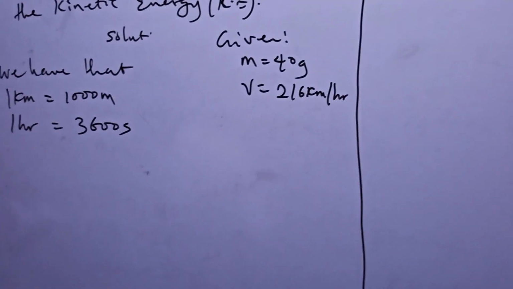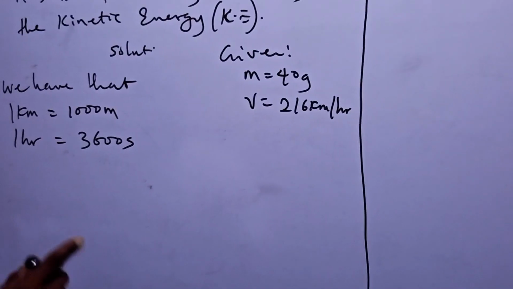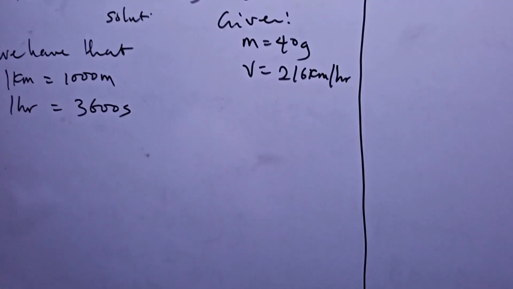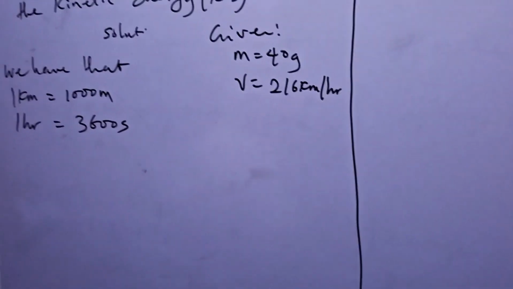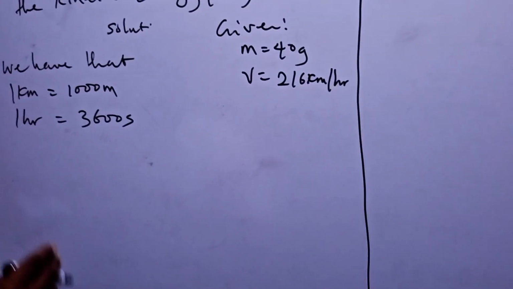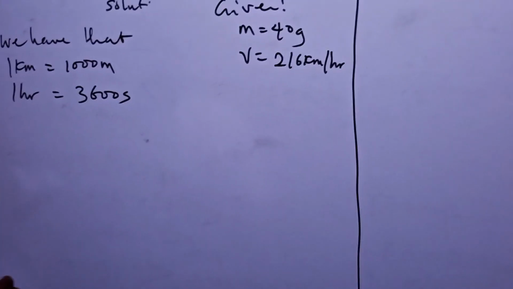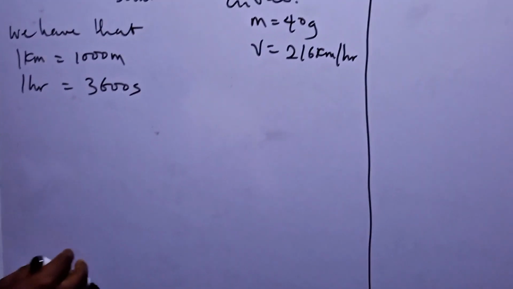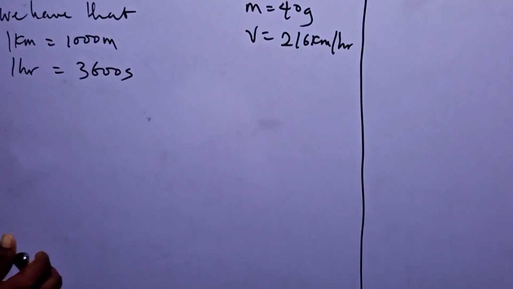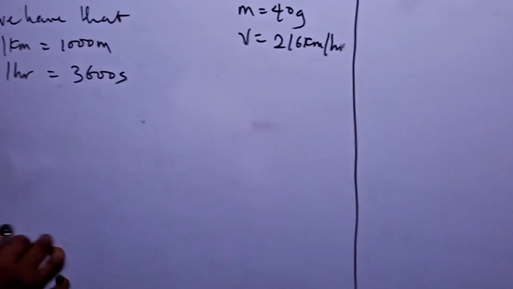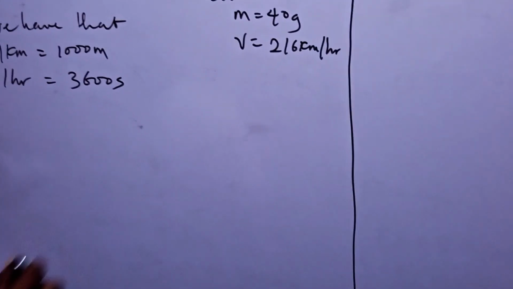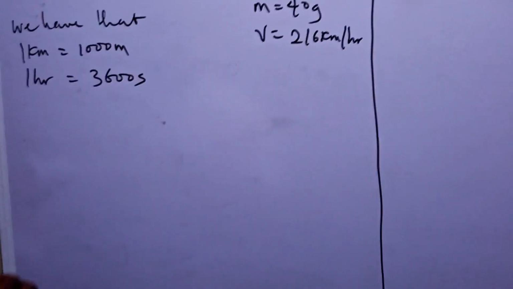I have taught this in mathematics among the last problems we took. So if you have not watched it, go and watch them, because I have at least about 4 to 5 examples on conversion, so that when solving problems you really know what to do and how to go about it.